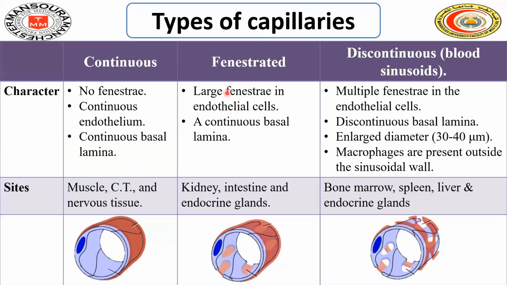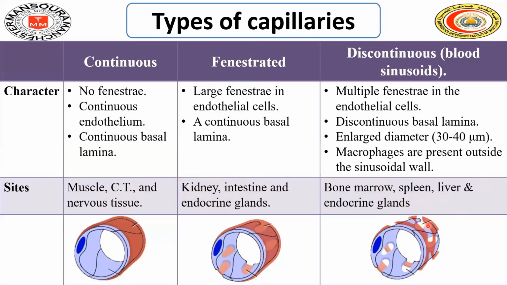Regarding the fenestrated type, this type is mainly found in the capillaries of the kidney, the glomeruli specifically, the intestine, and endocrine glands. These are the three sites for the fenestrated capillaries in the body. Regarding the blood sinusoids, we can find them in the bone marrow, the spleen, the liver, and the endocrine glands.